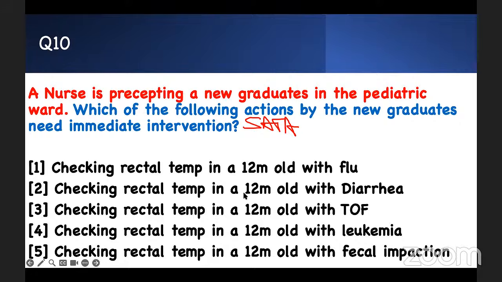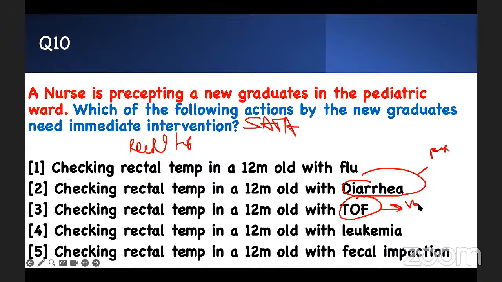Anybody, you should not do a rectal temperature on somebody with diarrhea because it will lead to perforation. Somebody with a heart problem, vagal stimulation, and that will cause problems. Somebody who is immunocompromised, leukemia, perforation.